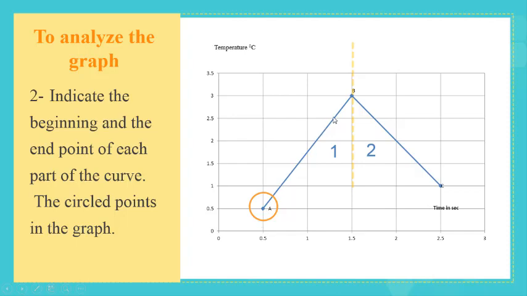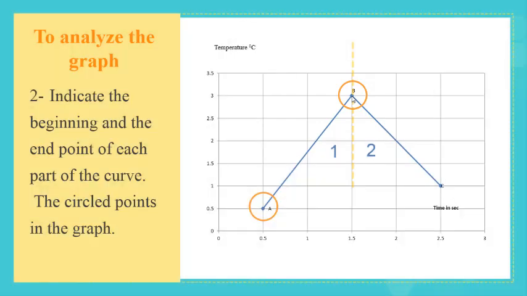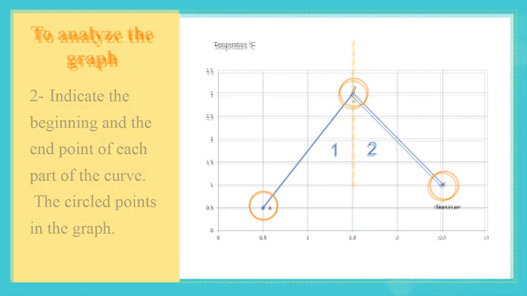Since we have increase, then decrease, we have a maximum point, which is point B. What is the end point in this graph? The end point is C. Why? Because the graph stops at this point.